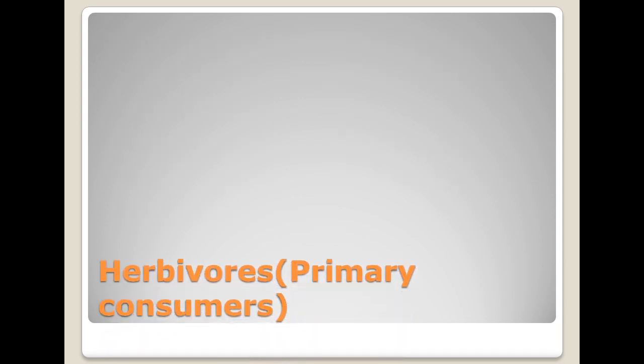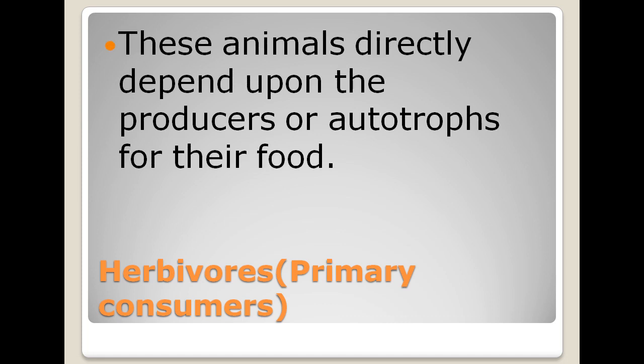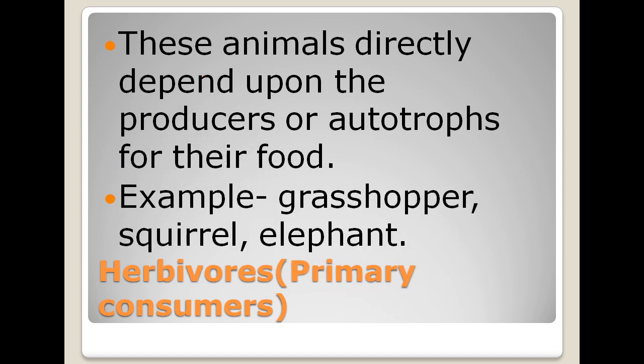The next is herbivores. They are also called primary consumers. These animals depend upon the plants, that is, the producers or autotrophs, for their food. Examples are grasshopper, squirrel or elephant, and many more.